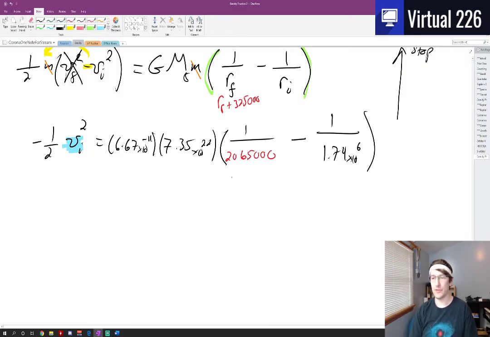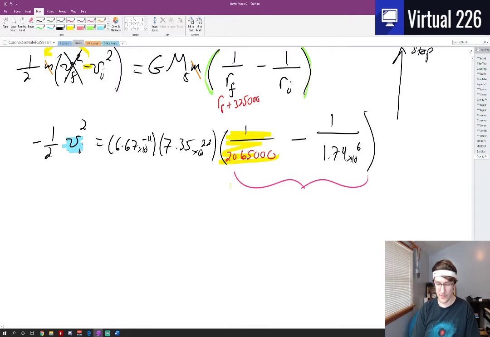What I'm going to do first, because it can get tricky, is work on the parentheses and set it up. I am physically going to type in my calculator just this beginning part: 1 over 2,065,000.